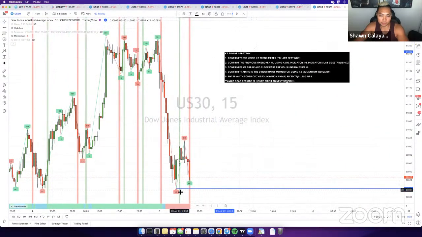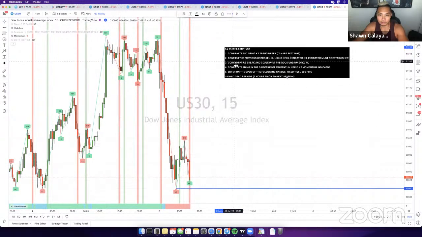We confirm the trend is bearish. For the second confirmation, you want to confirm the previous unbroken high-low, which is going to be right here. This is the low. You can't count this candle yet because it hasn't been established. In order for it to be established, you just need it to be on the chart, and when the candle passes it, it can't disappear. It has to stay there. That's how you know that it's established.